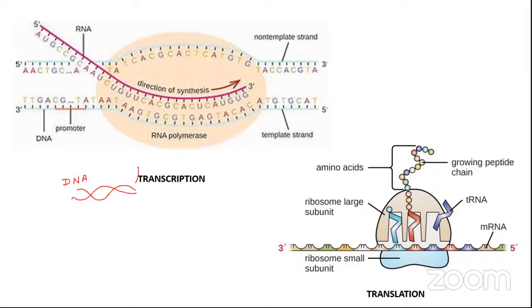It will go into transcription. Transcription is nothing but the generation of messenger RNA, and then the process from messenger RNA to protein is called translation. Now let us see during this process how many types of RNAs are produced.